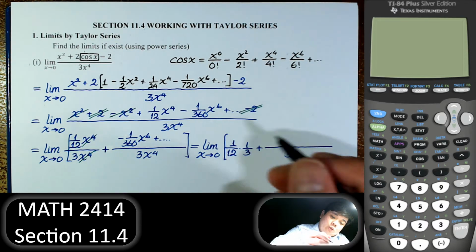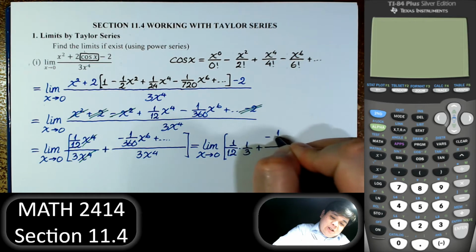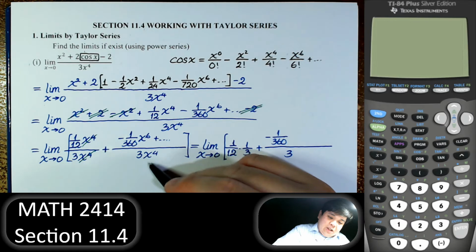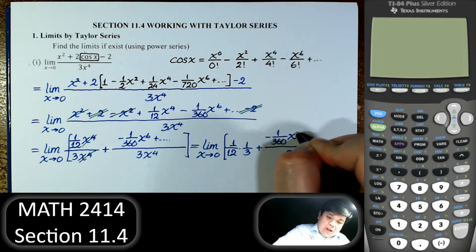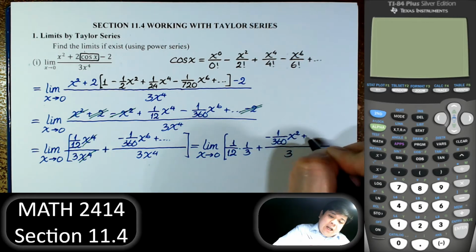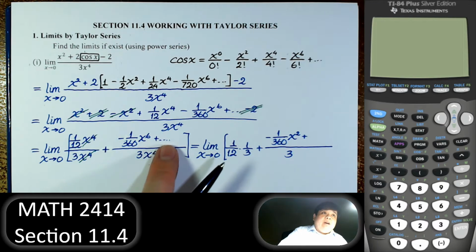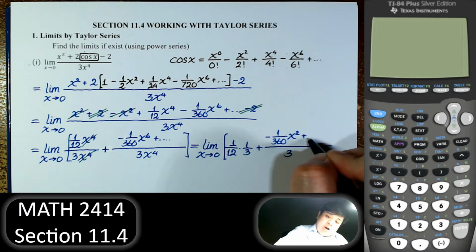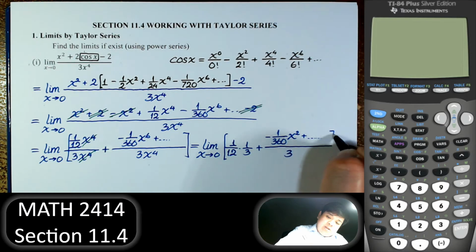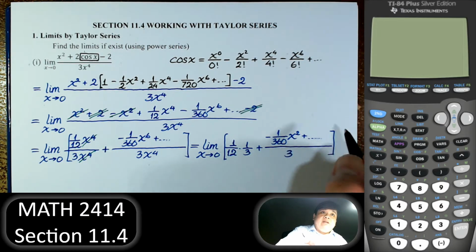The x to the 4th will cancel out though. We get x to the 6 over x to the 4th, which is x squared. And everything after this will have a higher power than 6, so certainly they'll have enough x to cancel with x to the 4th at the bottom. But it doesn't matter, it will have a high power of x.